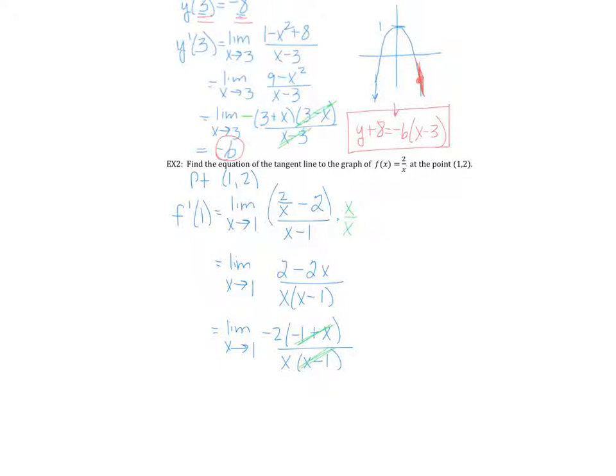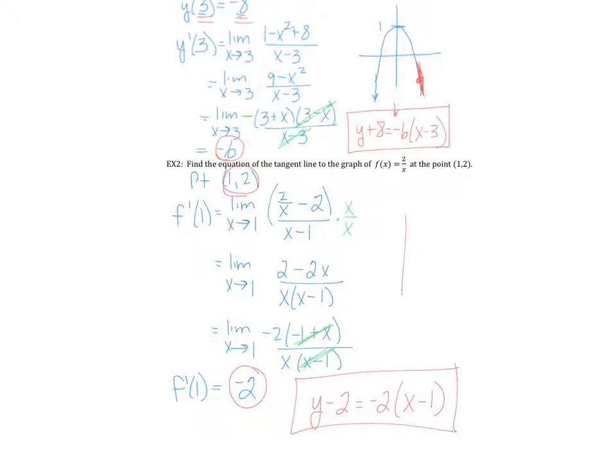So I plug in the negative 2, plug in 1 and get negative 2. So I get f prime at 1 is negative 2, and my job is almost done. There's my point, there's my slope. y minus the y coordinate is equal to slope times x minus the x coordinate. And that is my equation of the tangent line.